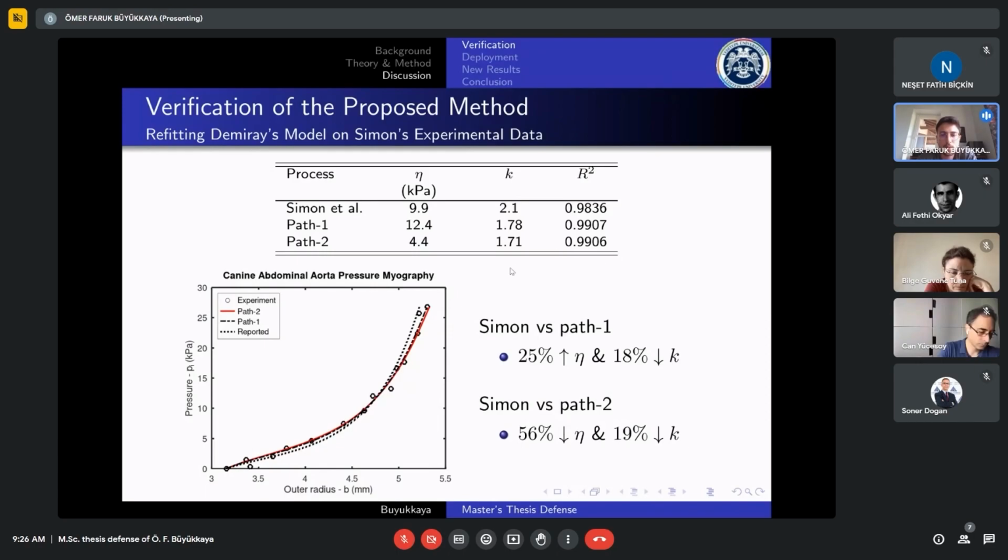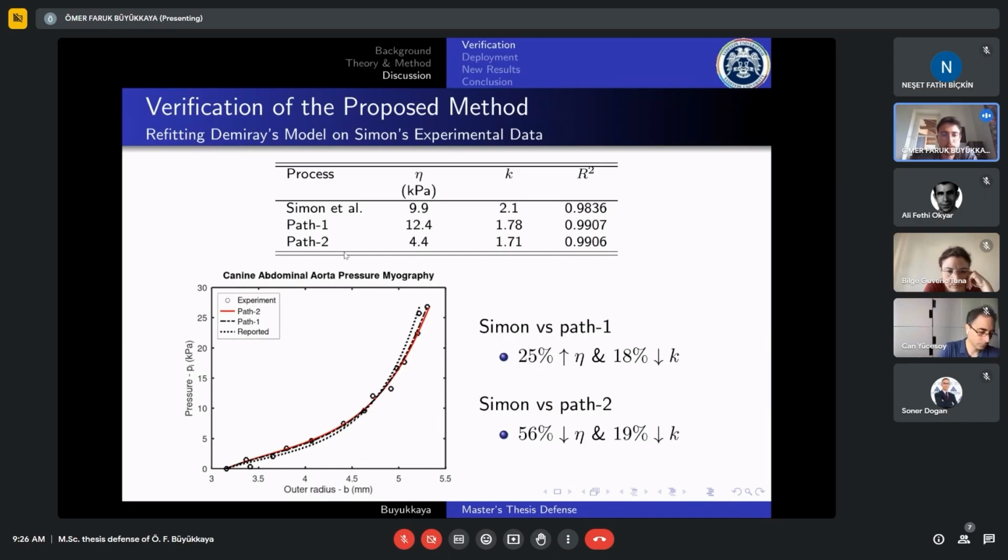When we compare Simon's results with our direct method, since they used the direct method, we again use the direct method, and the eta parameter is increased by 25%, and there is an 18% decrement in the K parameter. This might be caused by the overfitting problem from assuming the thin-walled cylinder, or by omitting the tethering state.